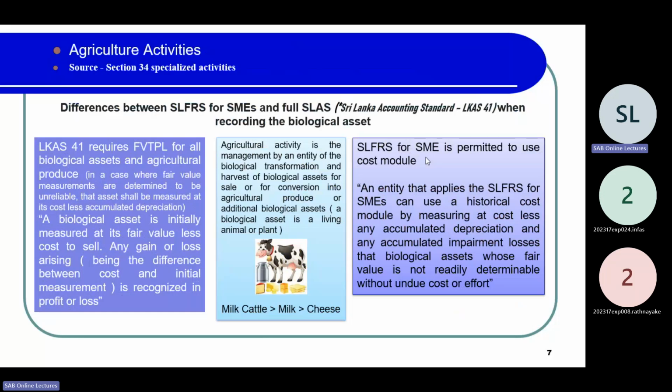But SMEs can measure at cost less any accumulated depreciation and any accumulated impairment losses for biological assets under that cost measure.